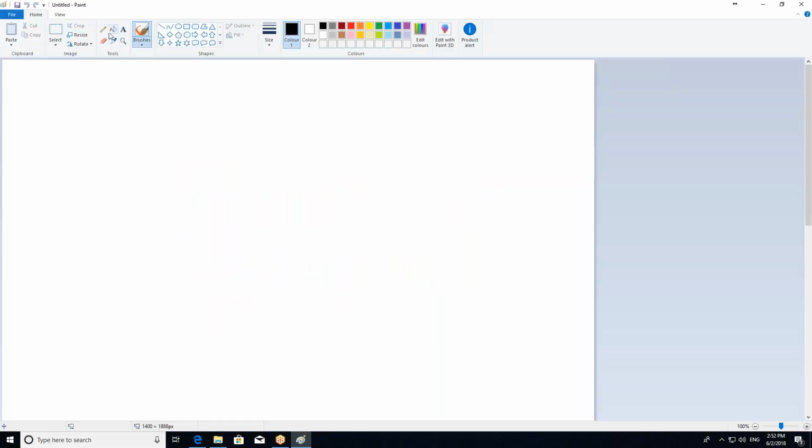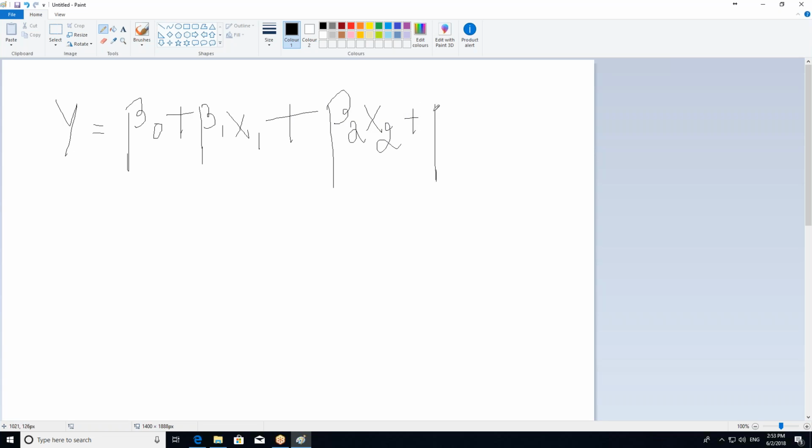What this slide is saying is y is equal to beta 0 plus beta 1 x1 plus beta 2 x2, and so on, plus beta 3 x3. So what are beta 1, beta 2, beta 3?